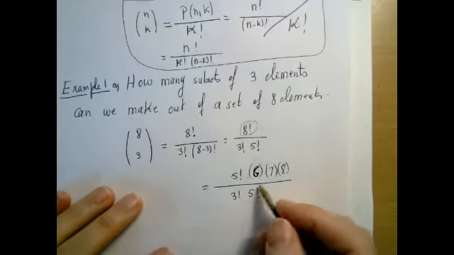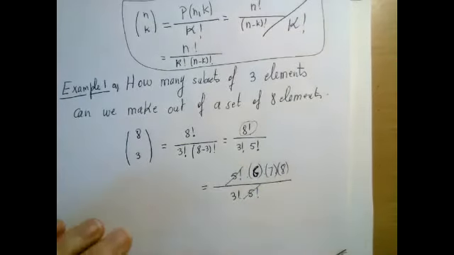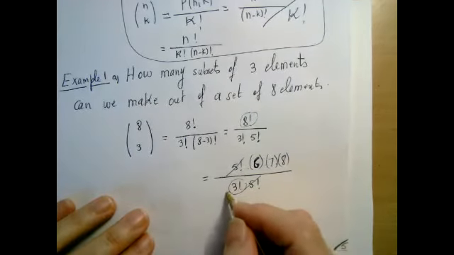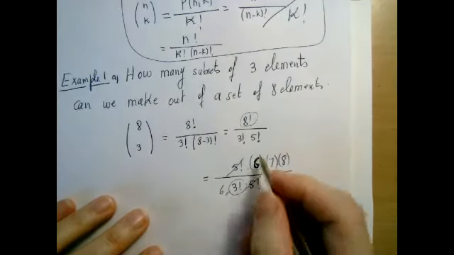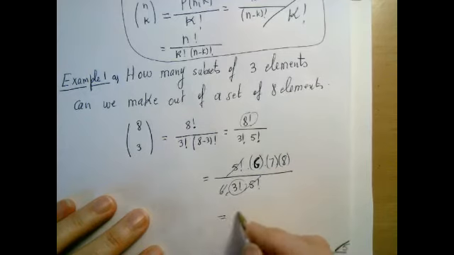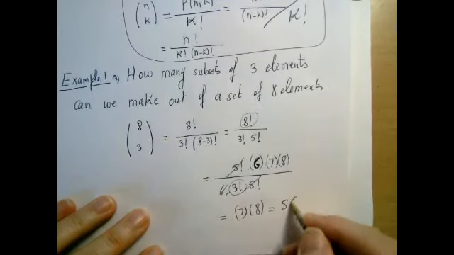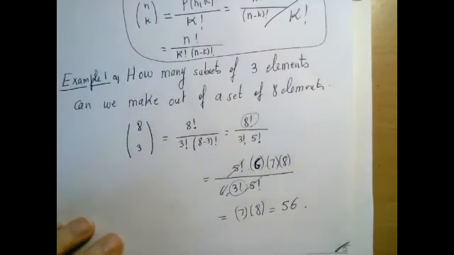Of course, you know why I broke it up: because the 5 factorials will simplify. And then the 3 factorial is equal to 6. Those will simplify, giving me 7 times 8, which is 56. So some flexibility with factorials is crucial.